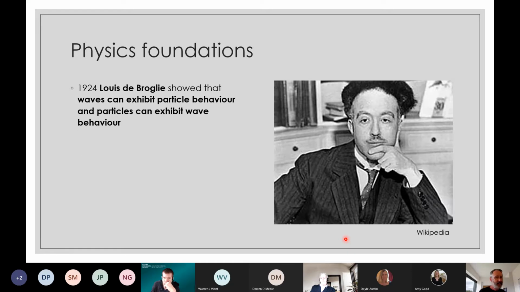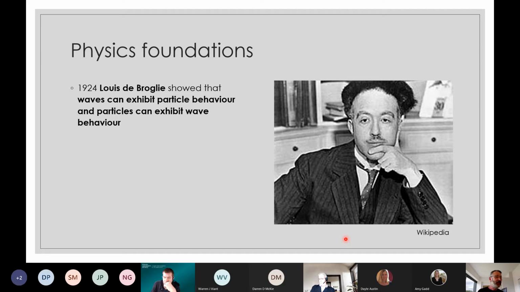And then, somewhat later on, Louis de Broglie showed that, really back to what we were talking about earlier, waves can exhibit particle behavior and particles can exhibit wave behavior, but not just light. For instance, electrons can exhibit wave behavior as well.